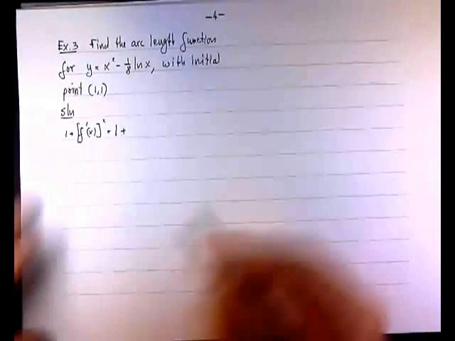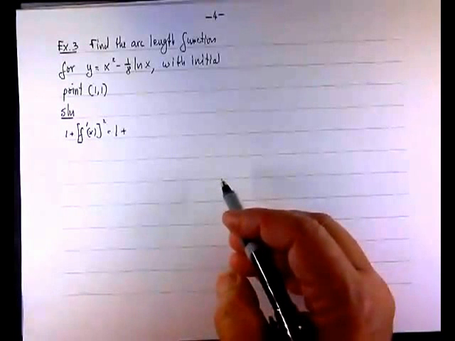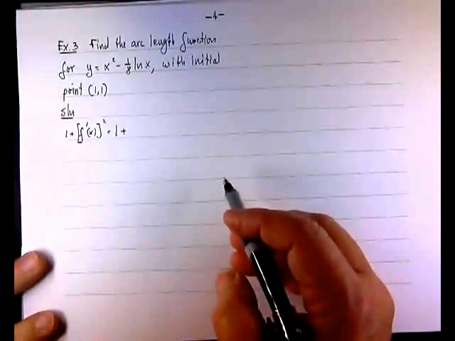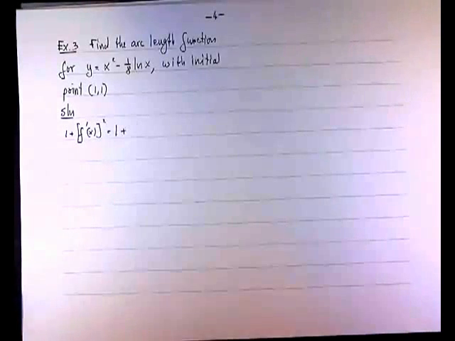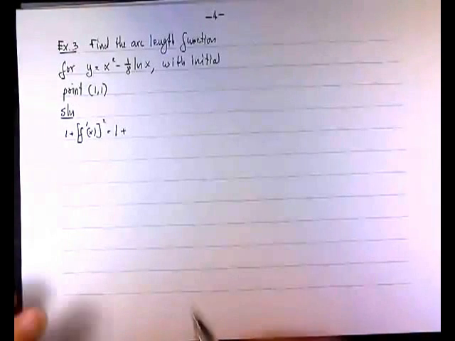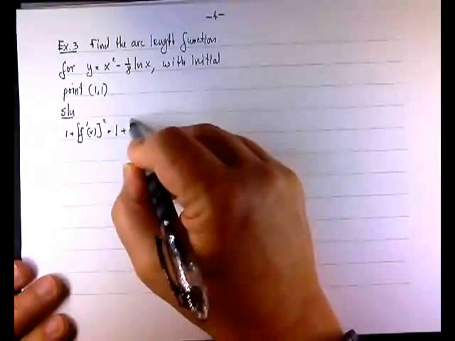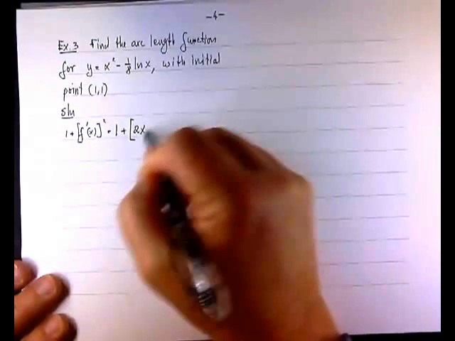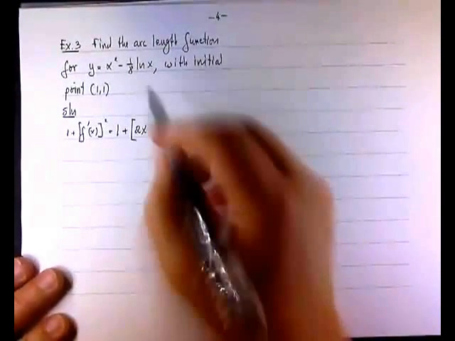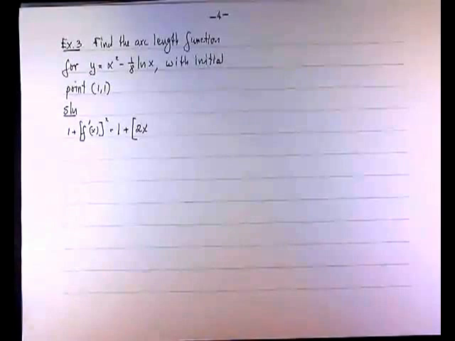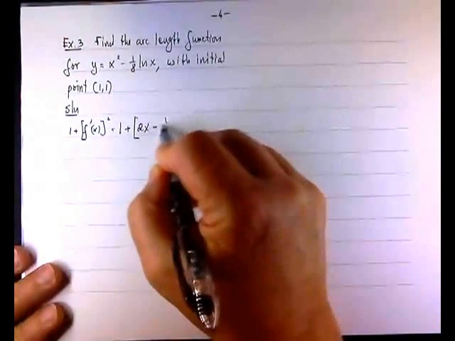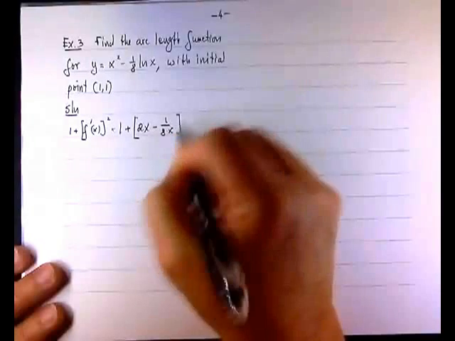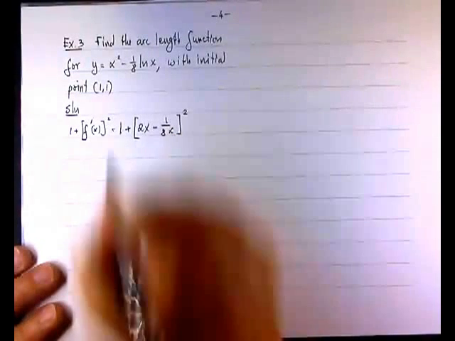Well, it will be 1 plus. We need first to take the derivative and then square it. So the derivative is 2x, and then minus 1/8 the derivative of natural log of x, but the derivative of natural log of x is 1 over x, so we have 2x minus 1 over 8x, and now we square it.